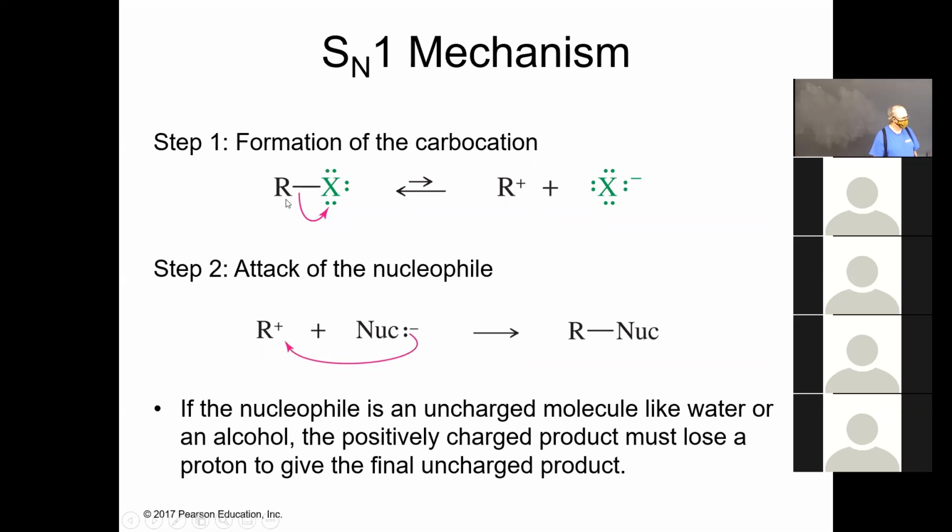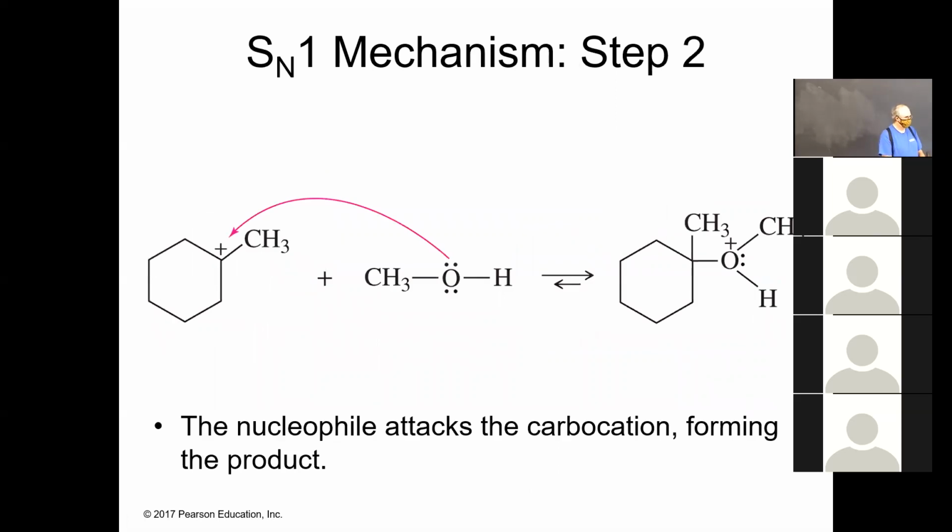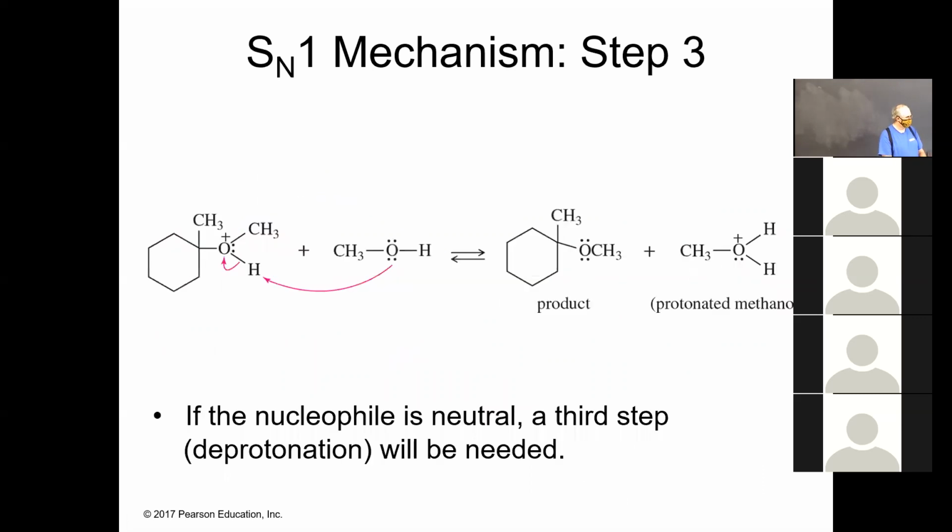In an SN1, this is the slow step. It's reversible. Even a weak nucleophile can very rapidly attack a carbocation. If the nucleophile is neutral, there's an extra step that involves removal of a proton at the end.